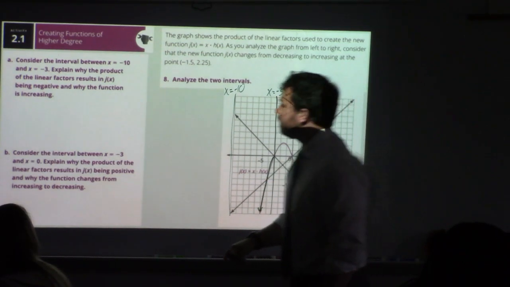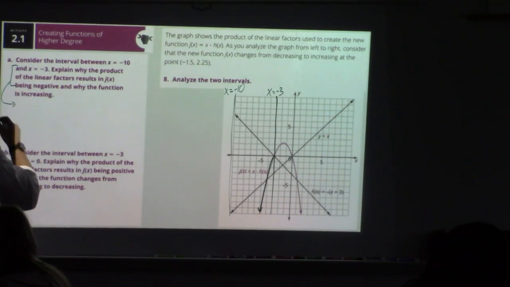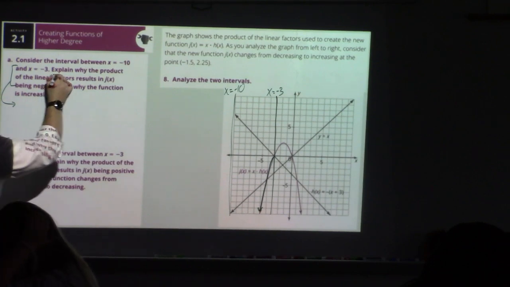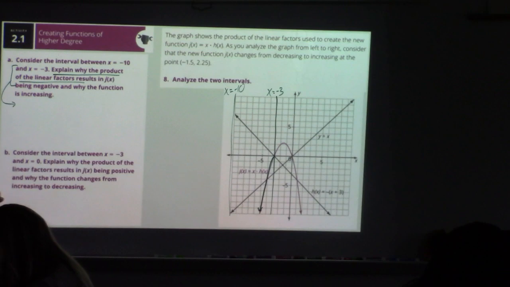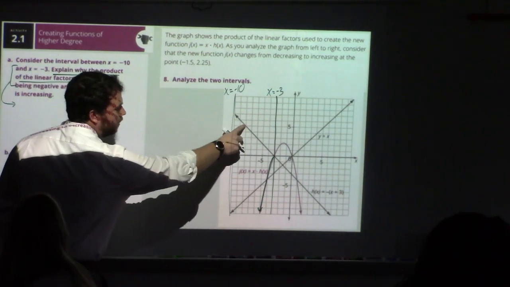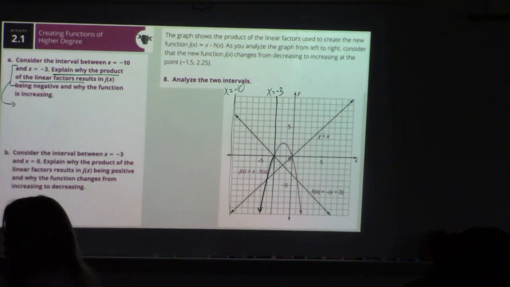Why were those negative? Because the y value is increasing. Okay, y'all are forgetting the whole reason why we talked about it, and it literally says up here why the product of the linear factors results in j of x being negative. Y equals negative x plus 3, positive plus a negative, times a negative. Remember, the whole thing was that these values are positive, these values are negative, and a positive times a negative gives you a negative, right?